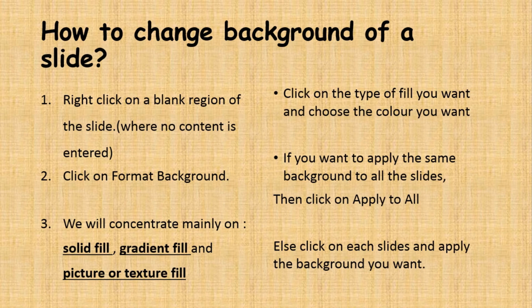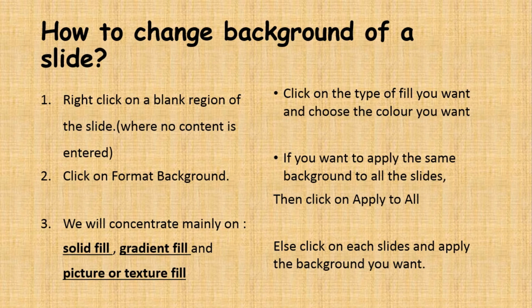Where the region is blank, you right-click over there and then you click on Format Background, and then you will have different options of background that you can apply, like Solid Fill or Gradient Fill or Picture or Texture Fill.